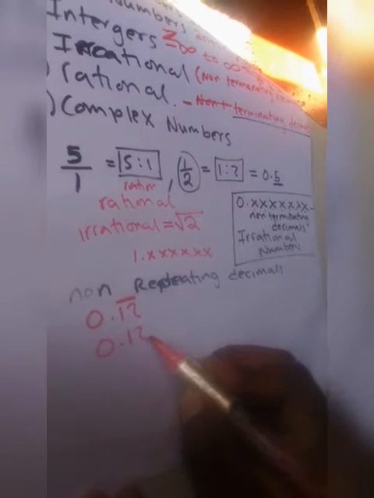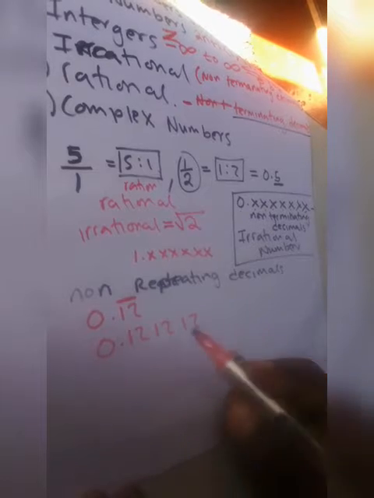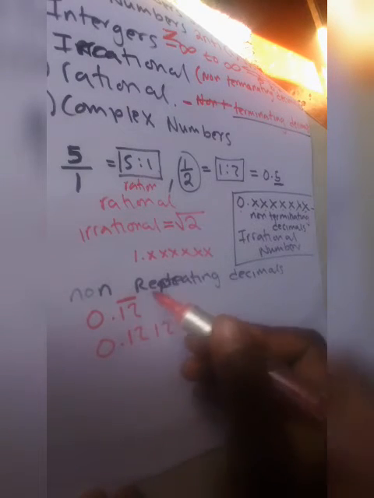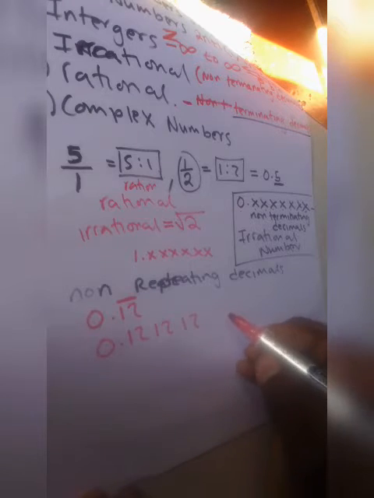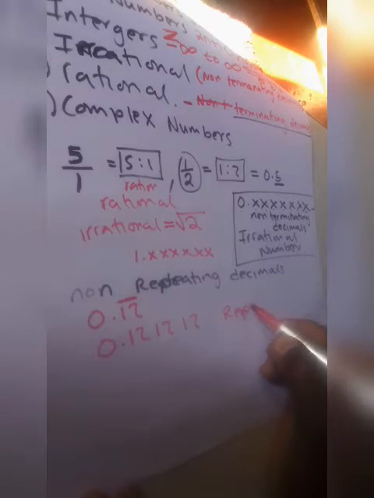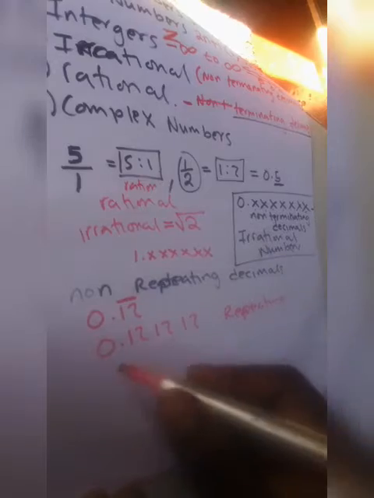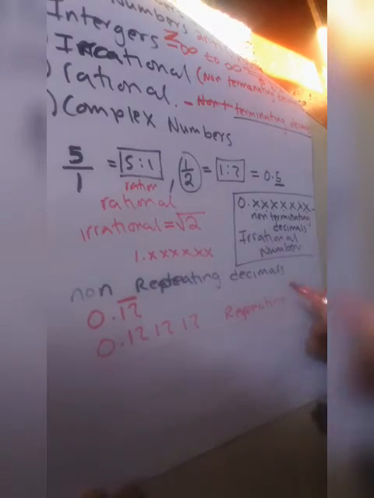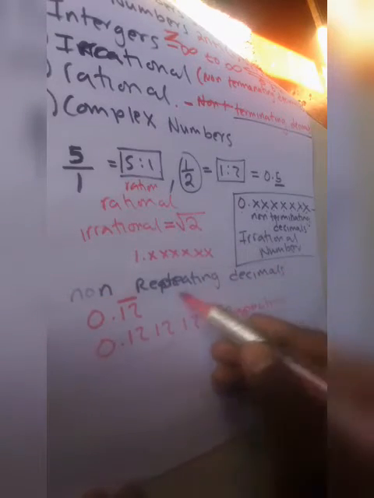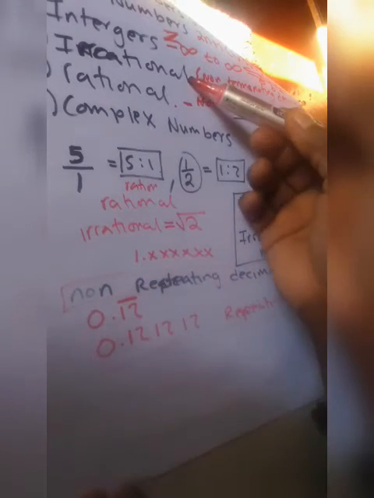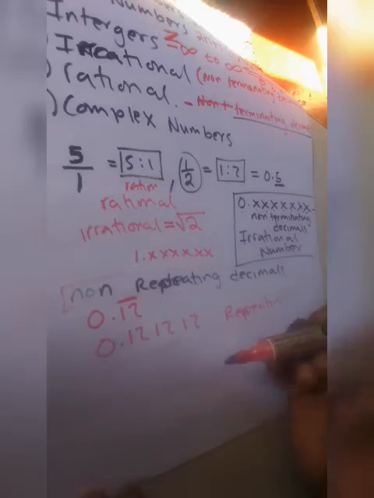It's like this, 1, 2, 1, 2, 1, 2. So when you see a bar like this, just know that the numbers are repeating. Repeating decimals fall under rational. Then the non-repeating decimals fall under irrational. So make sure you put this into consideration.